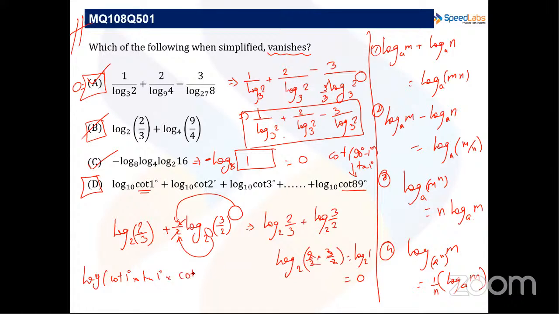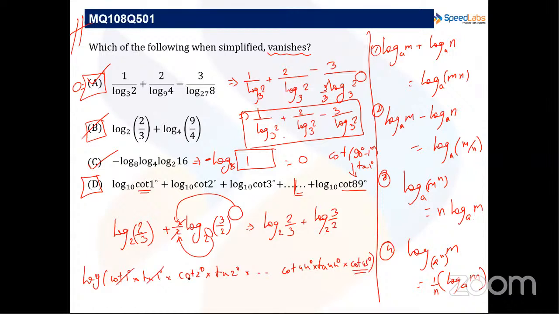Similarly cot 2 degree into tan 2 degree, and so on. We would be having cot 44 degree into tan 44 degree, and the last middle term here will be cot 45 degree. That will come only once.